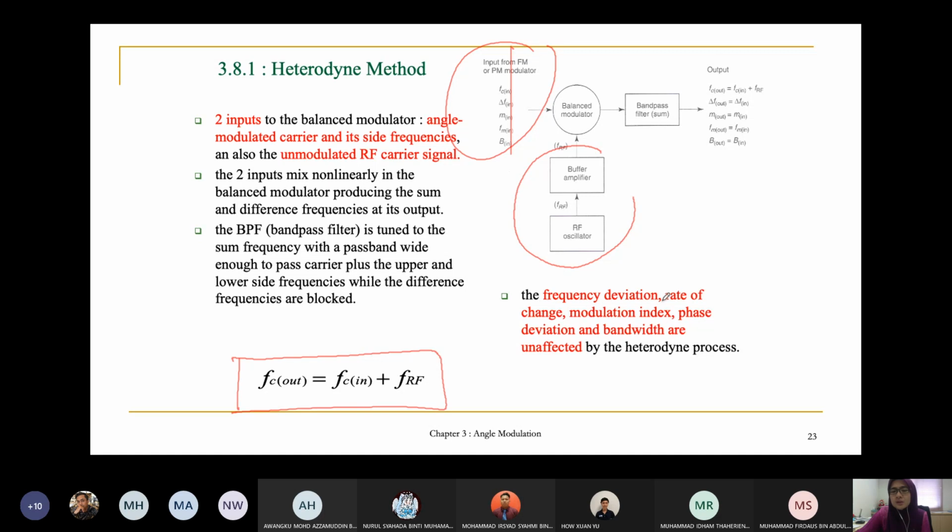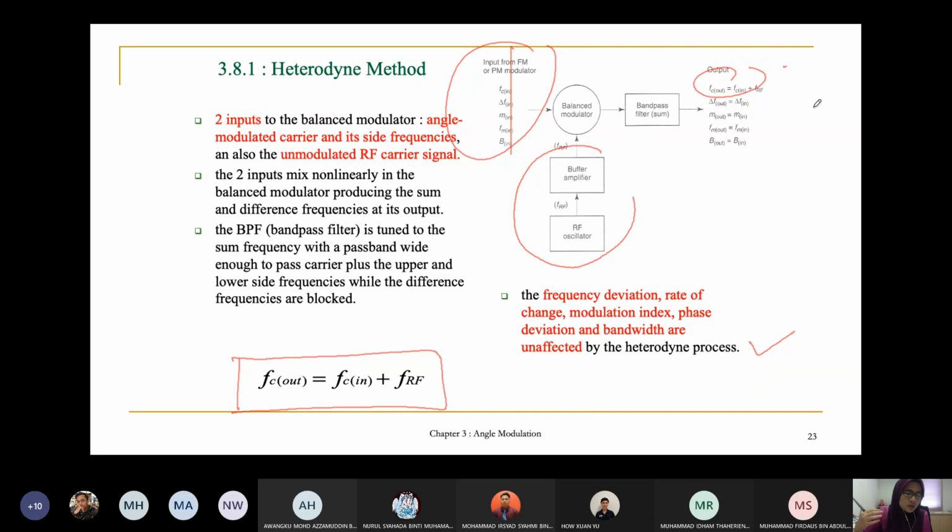The frequency deviation, the rate of change, modulation index, phase deviation, and bandwidth are unaffected by the heterodyne process. So this is how we can increase the value of Fc, how we can do the frequency up conversion.